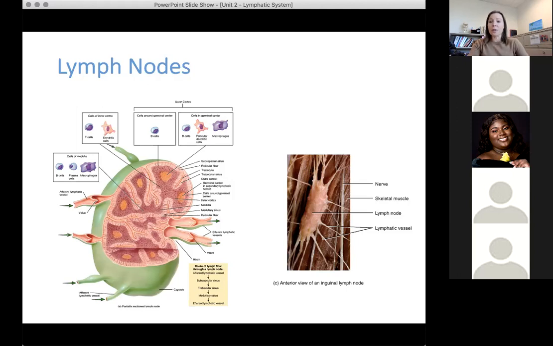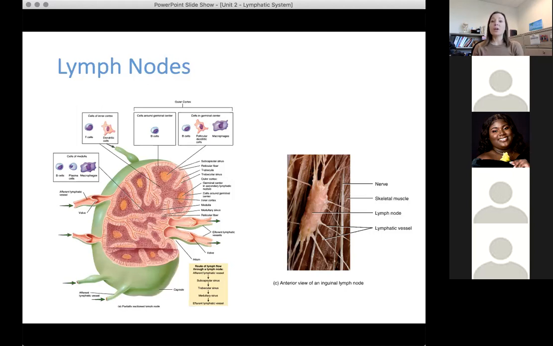Groin. Mm-hmm. Axillary. Do you guys remember that? Armpit. Yep. And cervical. So neck. So those are the 3 places where you do have like big groups of lymph nodes that are close to the surface.